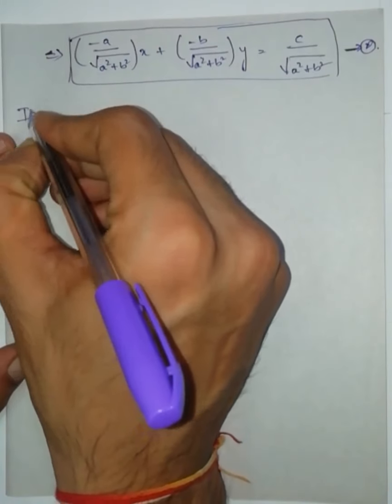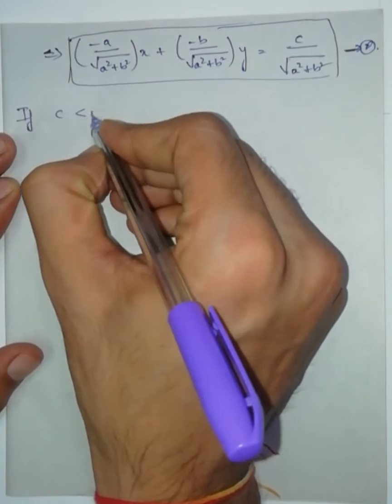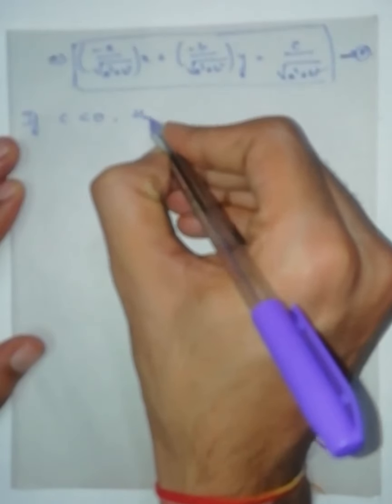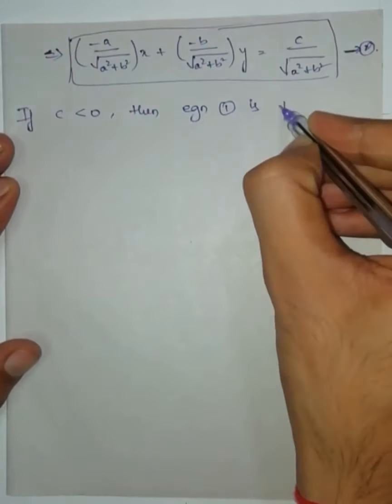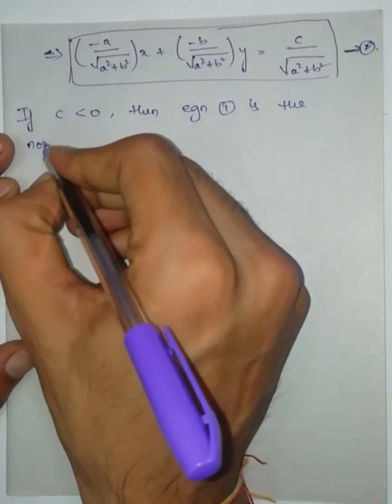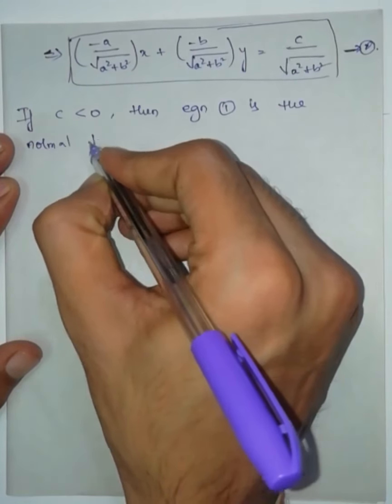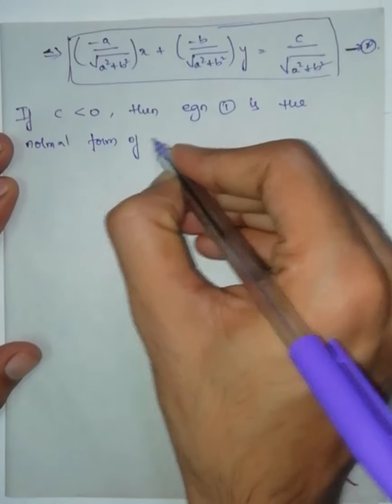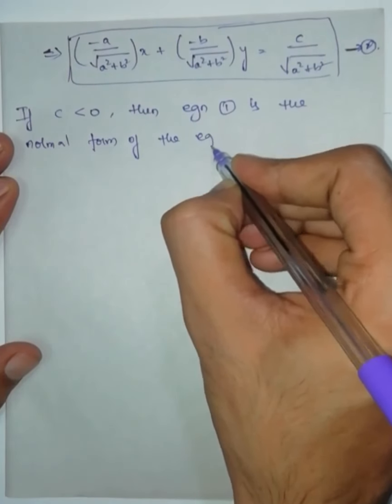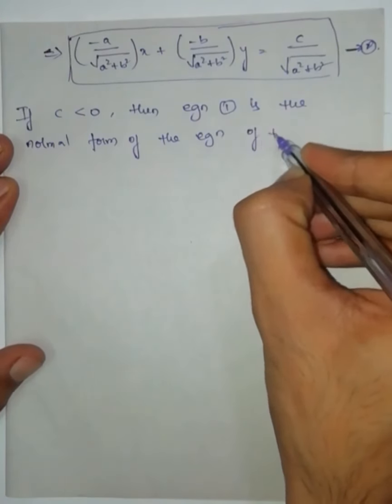So if c is less than 0, then equation number 1 is the normal form of the equation of the line.